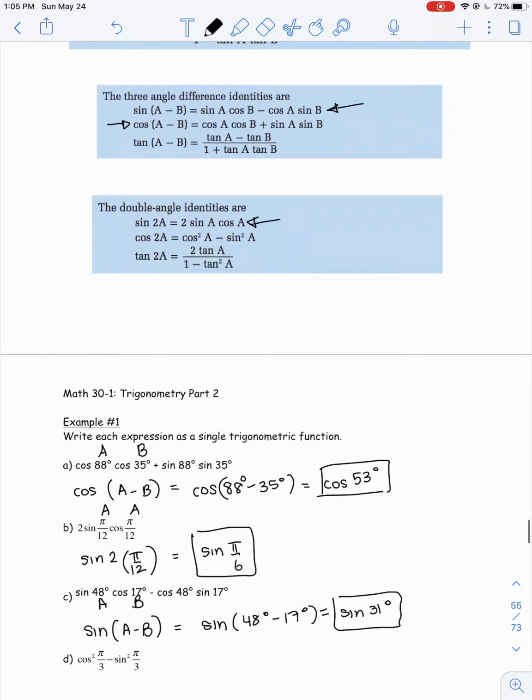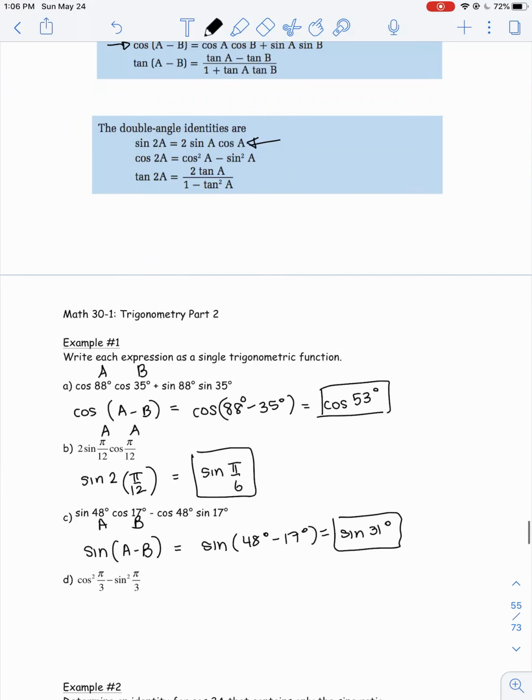And then here we have squared cos and sine with a subtraction between them. So that is this cos double angle, cos of 2A.